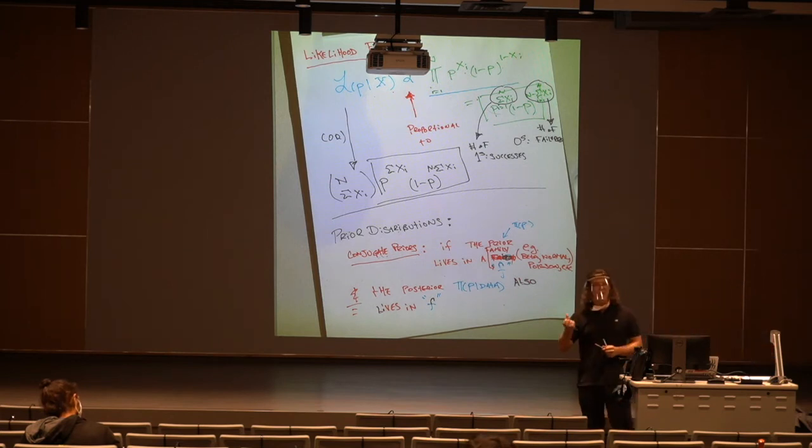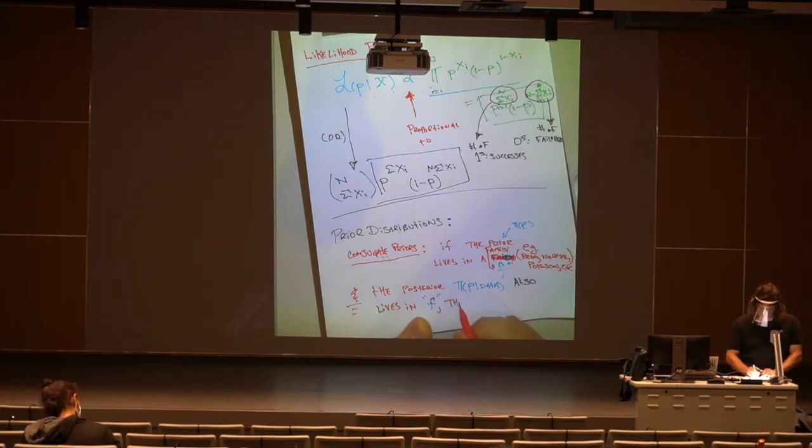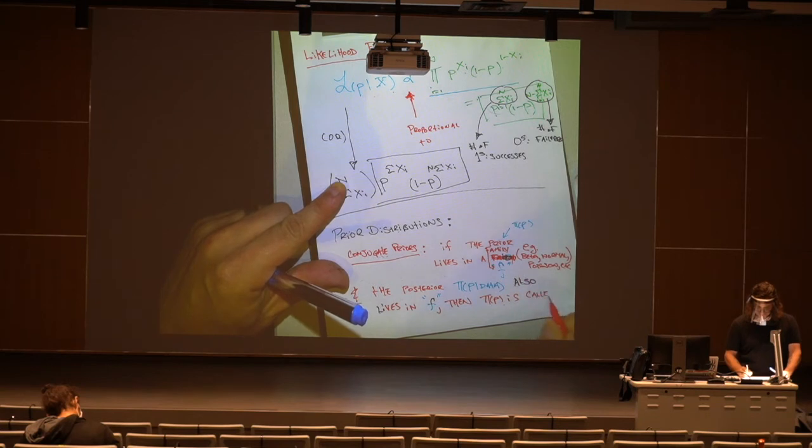That means the parameters governing that distribution are different. That's all that's different, but the mathematical functional form that controls the shape is the same. So if it also lives in F, then pi p is called the conjugate prior.